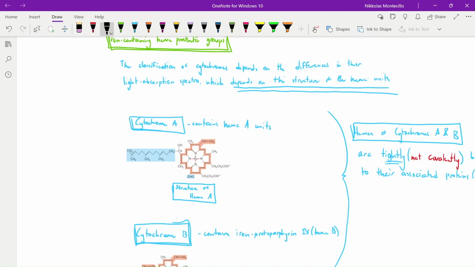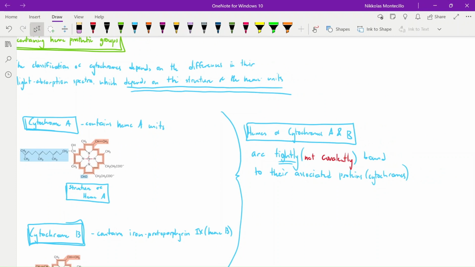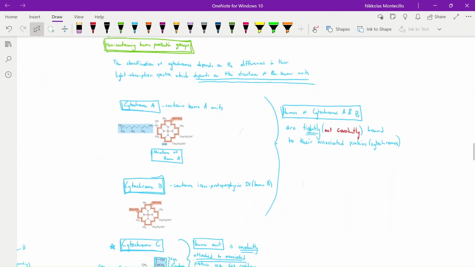Compared to heme B, heme A has an aldehyde, and heme A also has a long hydrocarbon chain. Now the hemes of cytochromes A and B are tightly but not covalently bound to their associated proteins, right?